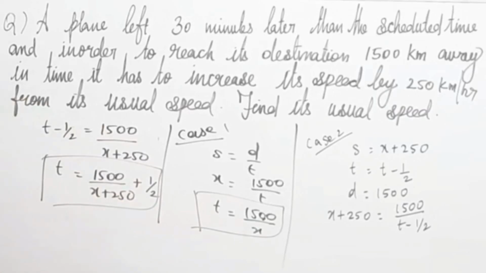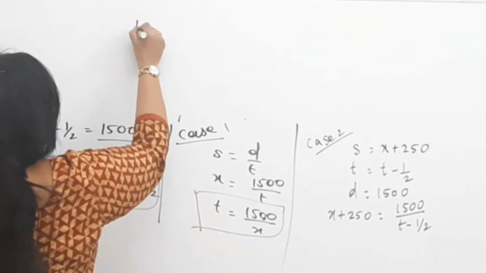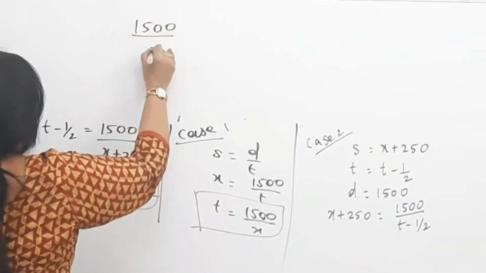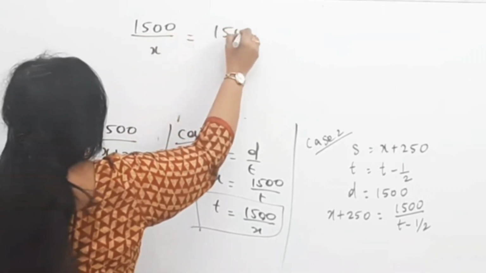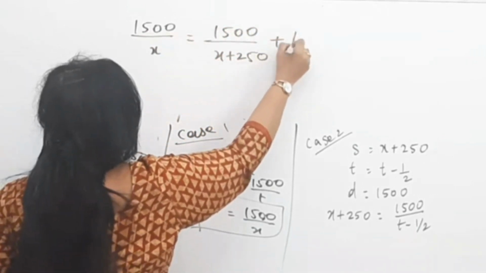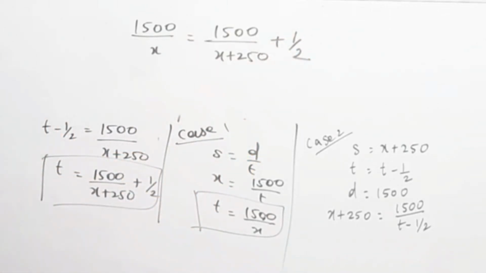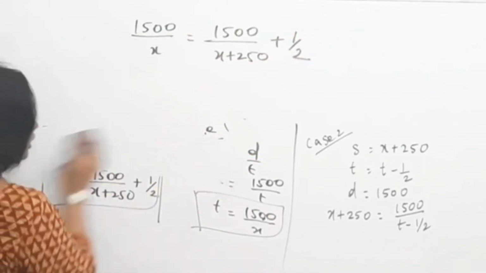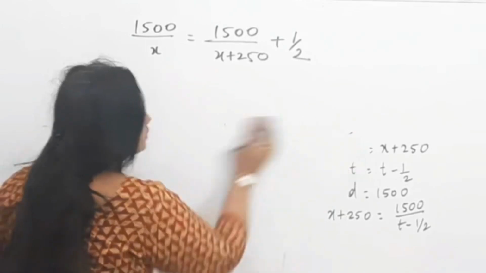We will get 1500 divided by x is equal to 1500 divided by x plus 250 plus 1 by 2. So I go for finding my factors for this.